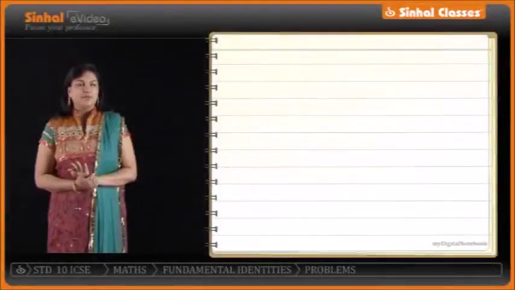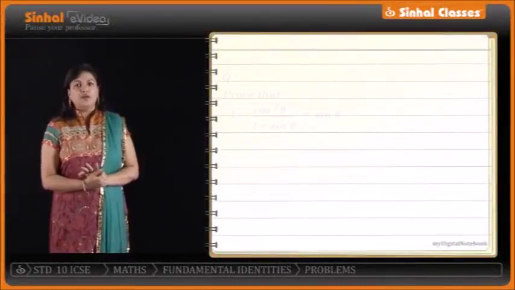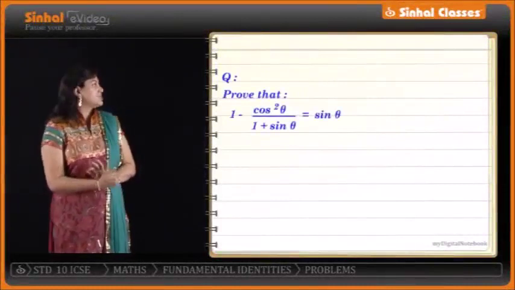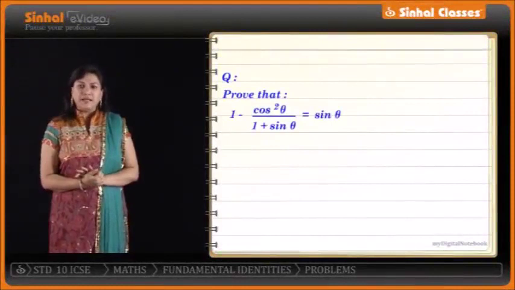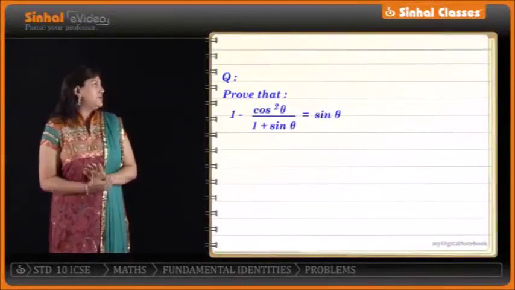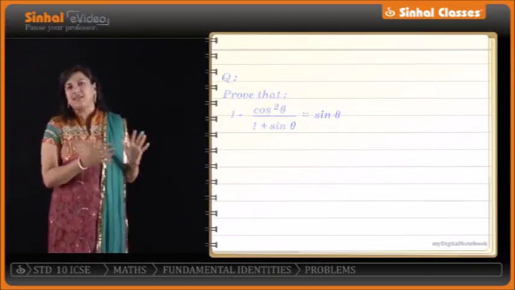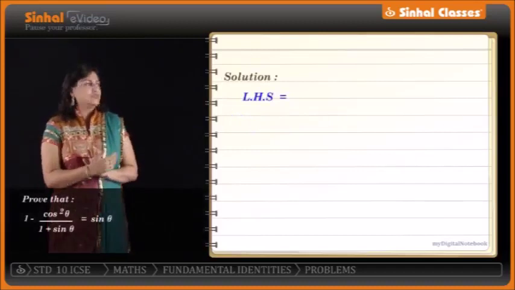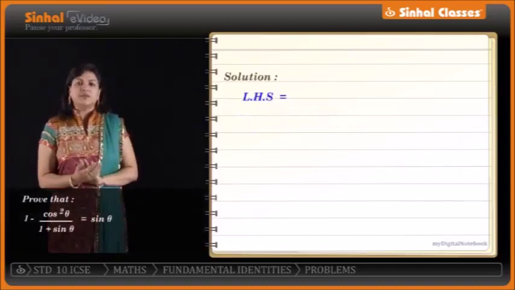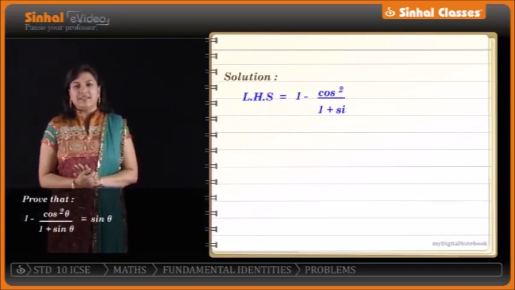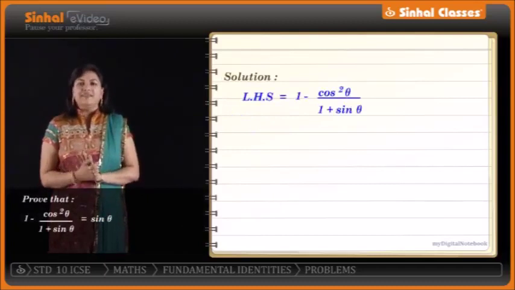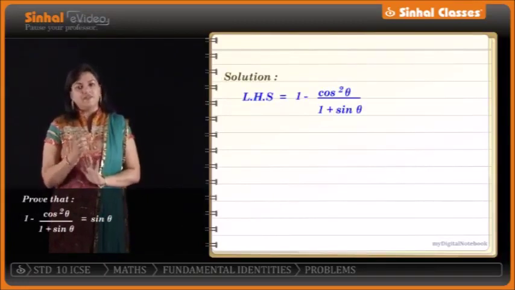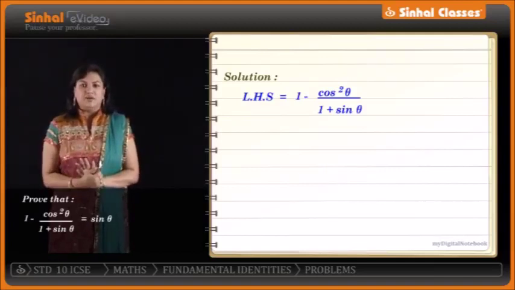Now to the next problem. Prove that 1 minus cos square theta upon 1 plus sin theta equals sin theta. Same way, start with LHS, which is 1 minus cos square theta upon 1 plus sin theta. Now again, here in the denominator we have 1 plus sin theta. So let's rationalize the denominator.